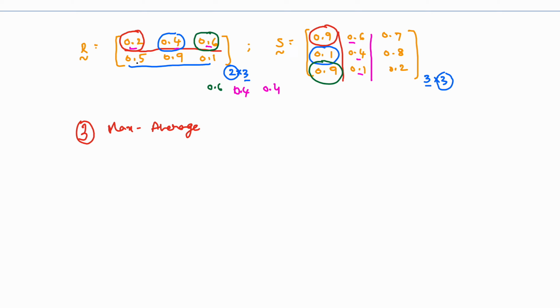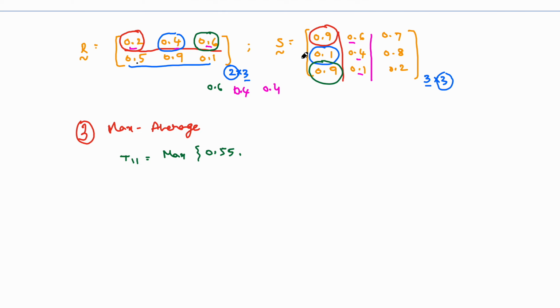So T11 is equal to, here we have to take the average, so the maximum of the average of 0.2 and 0.9. 0.2 plus 0.9 is 1.1, divided by 2 will be 0.55.